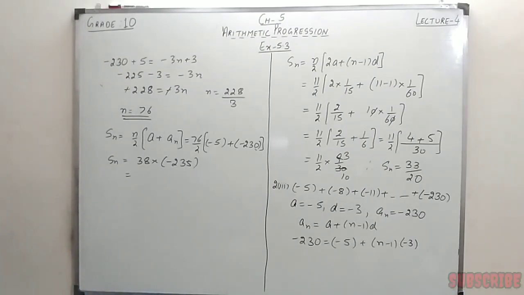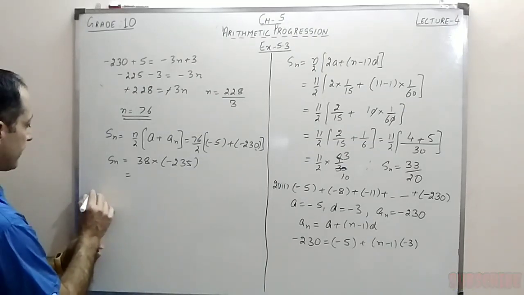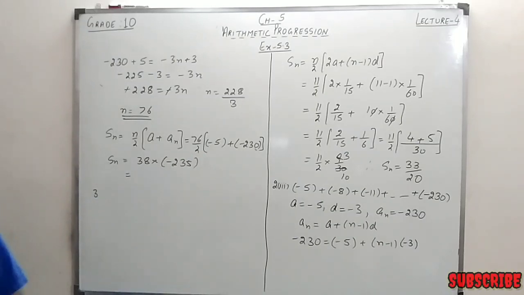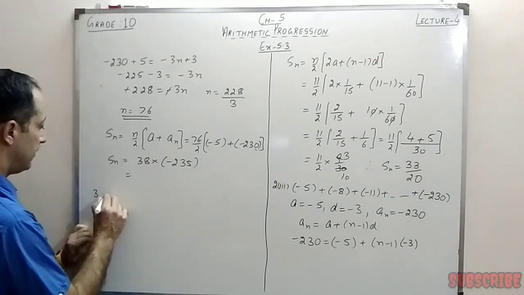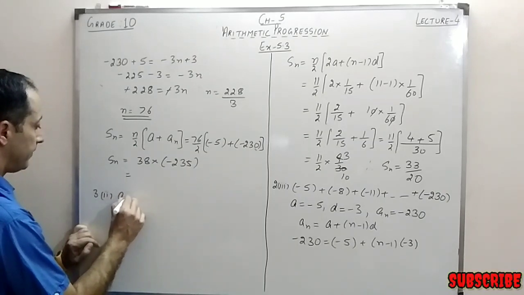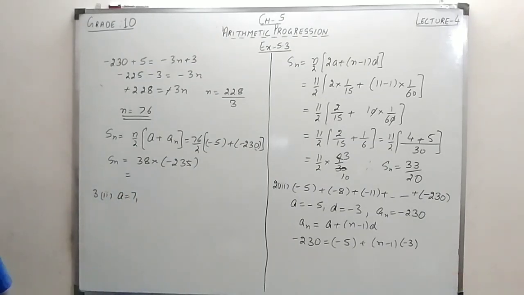Let's go to the next question now. The third question has many parts. Now, the third question, let's start with the second part. All right, in the second part, what is given? I am given a equals 7. What else?